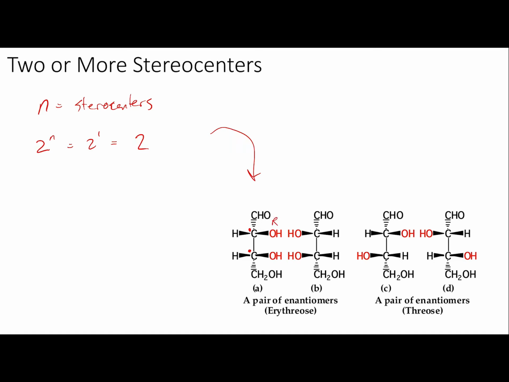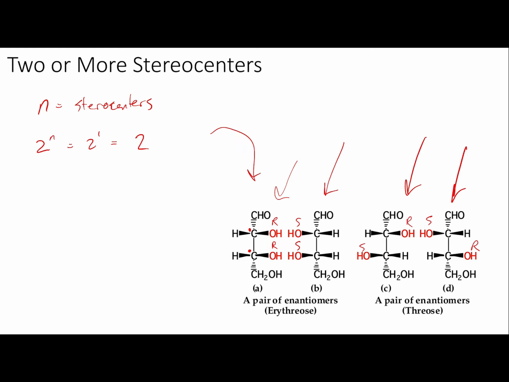If this is R and this is R, then this would be S and this would be S, which would make this R and this S, and this S and this R. So you can see already in the naming, we could call this one RR erythrose. We could call this one SS erythrose. And this would be RS threose, and this would be SR threose, right? 2 different names for the same compound because they have 2 different stereocenters.